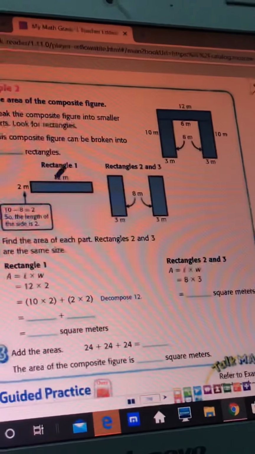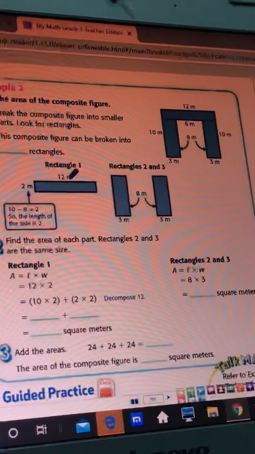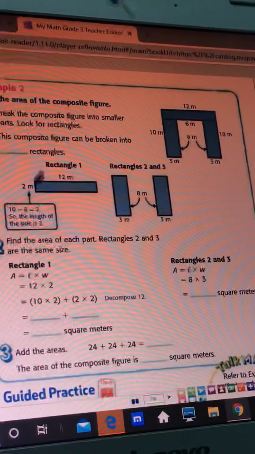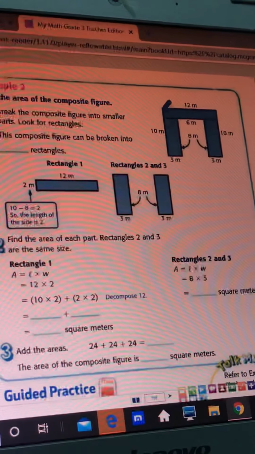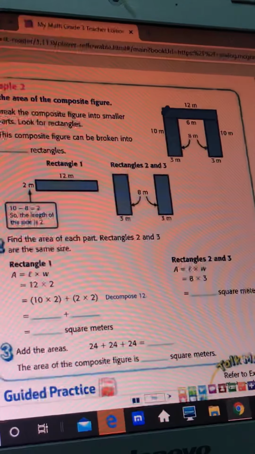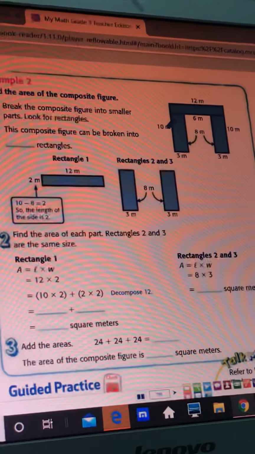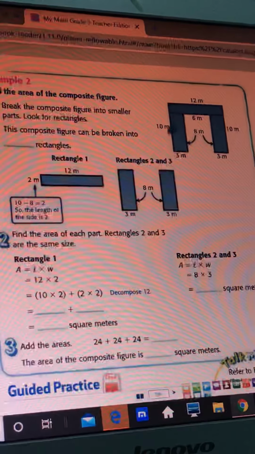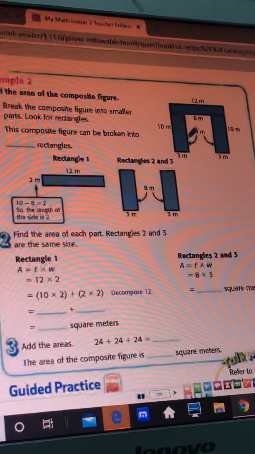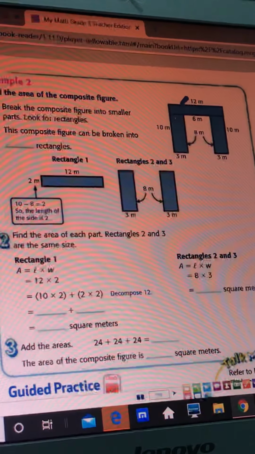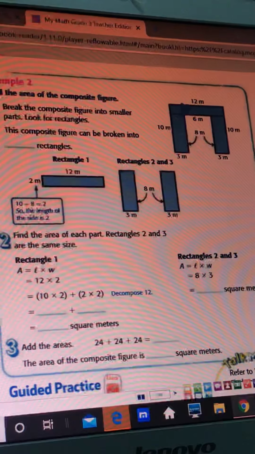The length is 12 because of this one, and the height is 2 for this one. So how did we get 2? Because the total of this is 10, then we just subtract 8 because this side is 8. If this is 8, that means this side from here to there is 2.